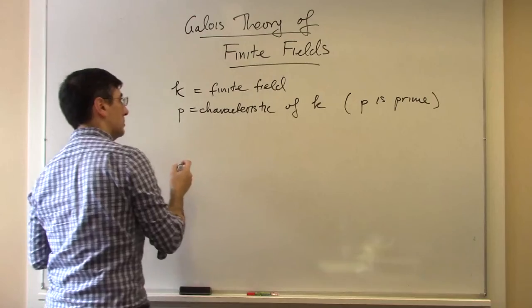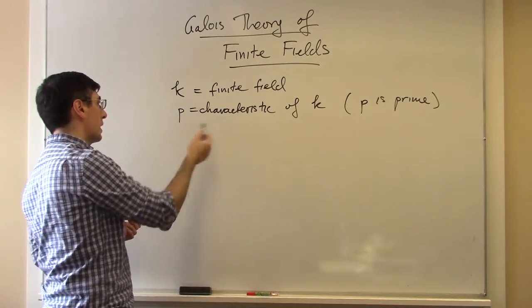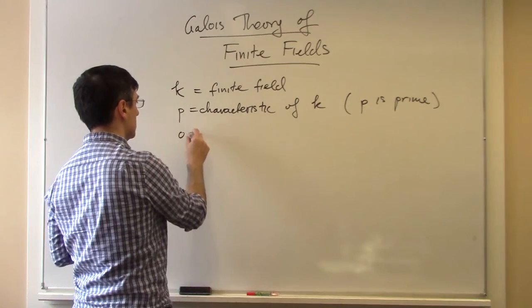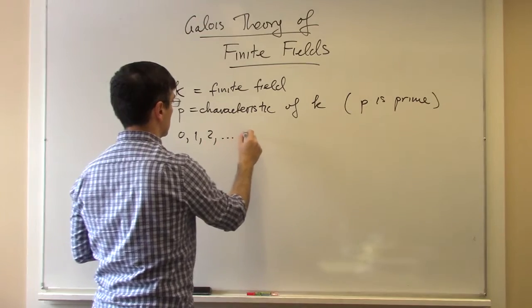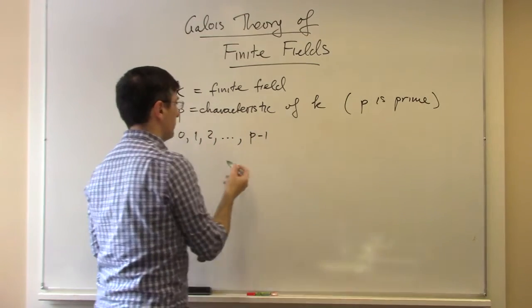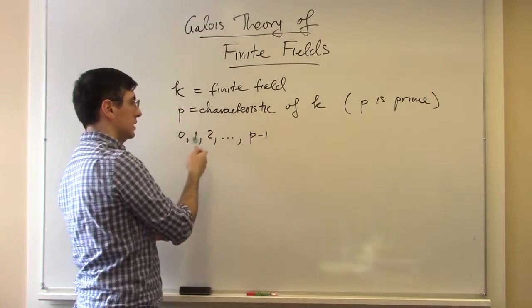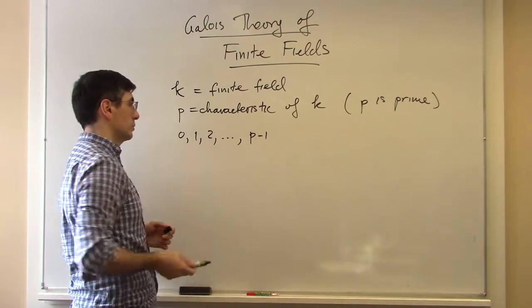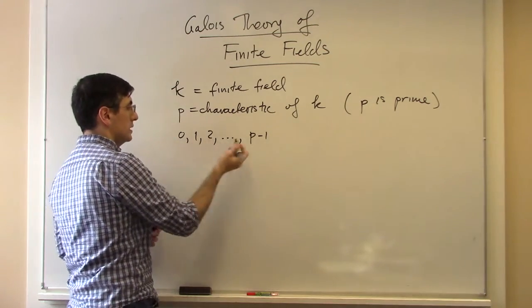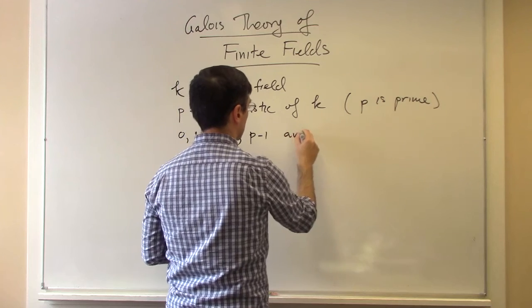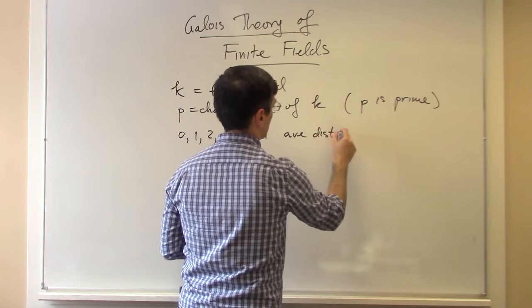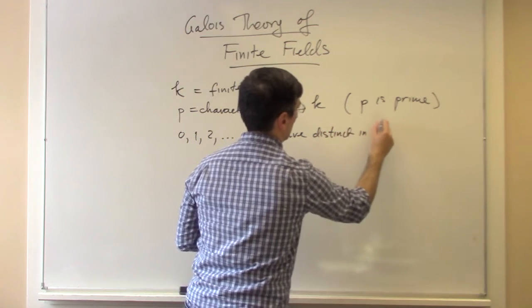and then this fact that p is the characteristic means that these elements, so you take 1 of k and you add it to itself, so that's what I mean by this. These elements are distinct. Okay.